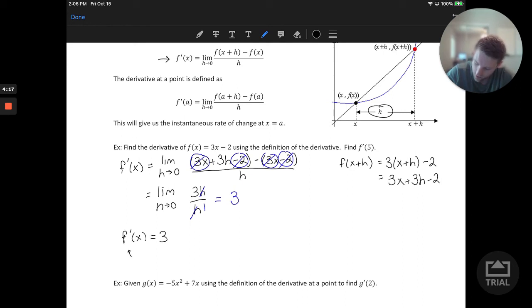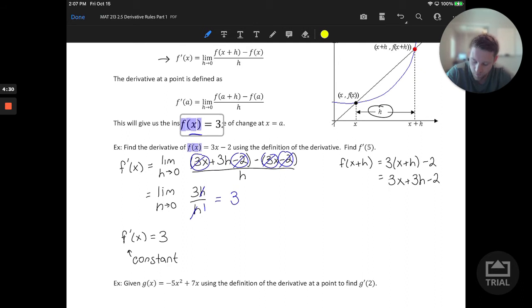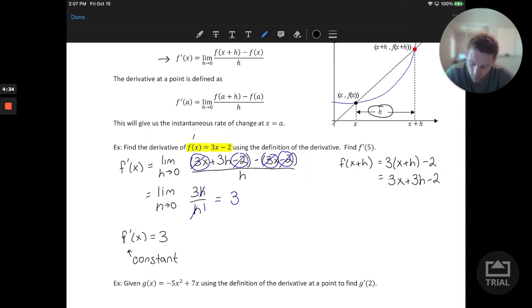So this has a constant derivative. This shouldn't be a big surprise to us because we know the original function we were looking at was a linear function. 3x minus 2 is linear, and it happens to have a slope value of 3.